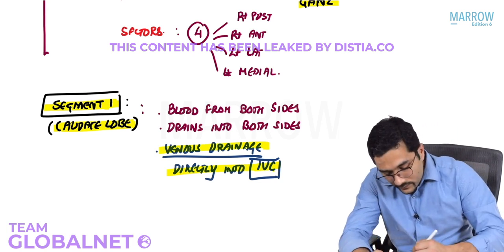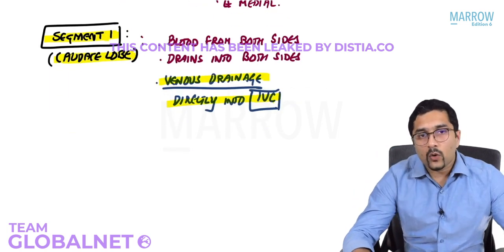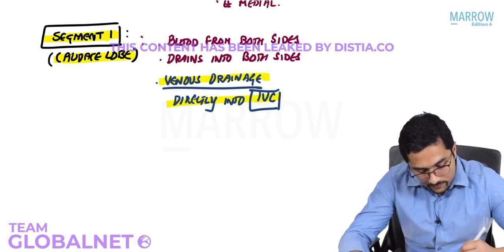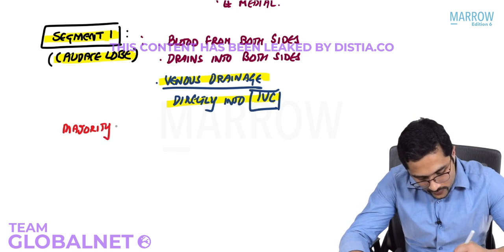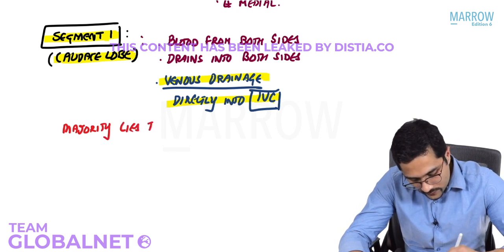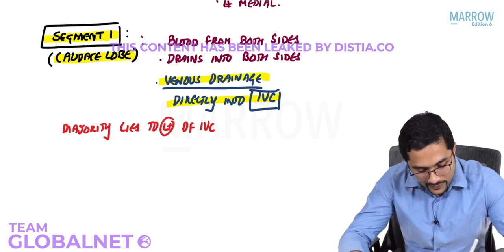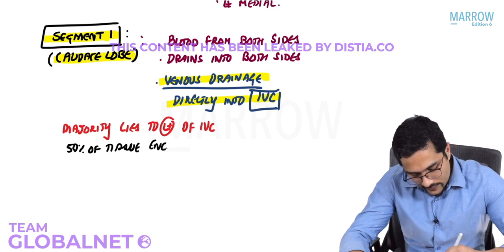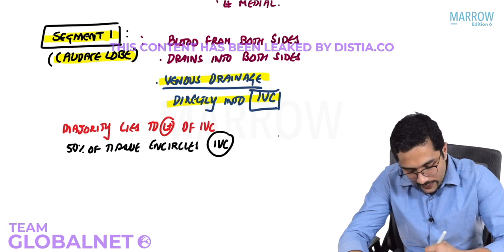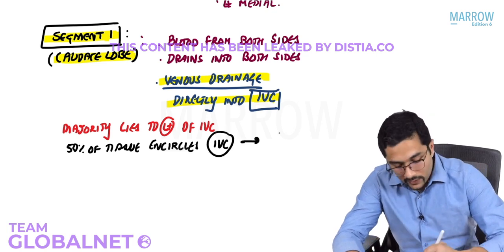Now, caudate lobe, I told you that the majority lies to the left of the IVC. In fact, 50% of the tissue encircles the IVC, and this is known as the caval ligament.